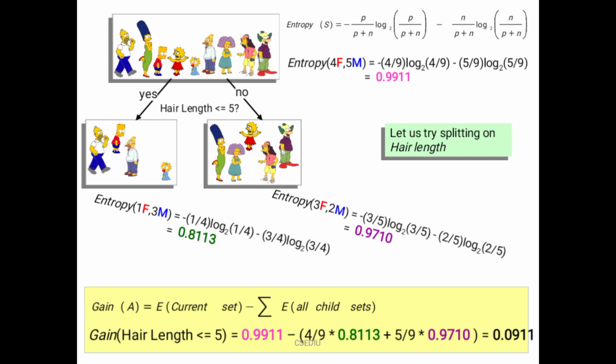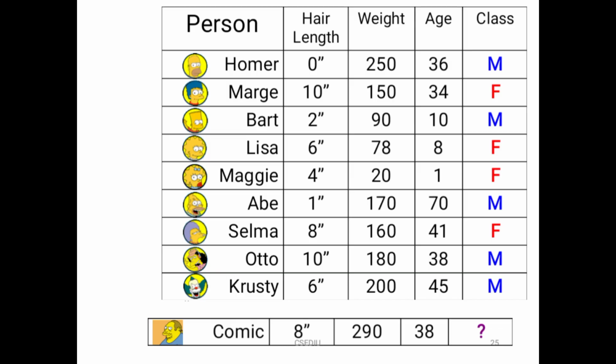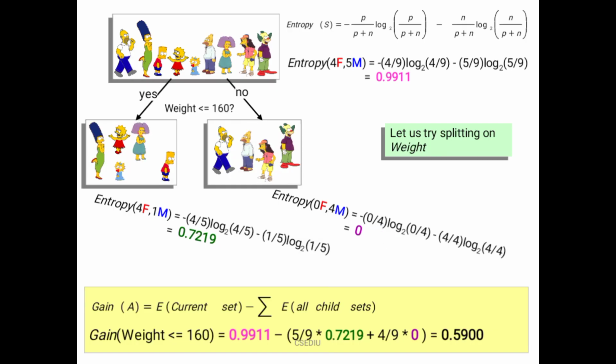Here we use the entropy formula. We also use the entropy formula with their yes or no answers to calculate for hair length, weight, and then age and class.